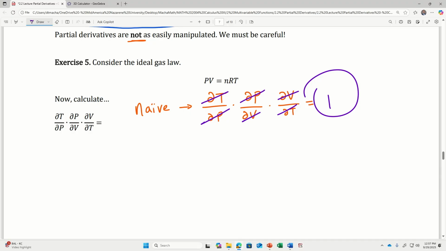And I don't think you would be making any kind of mistake if these were just regular derivatives. But if you have partial derivatives, you've got to be a little bit more careful than this.